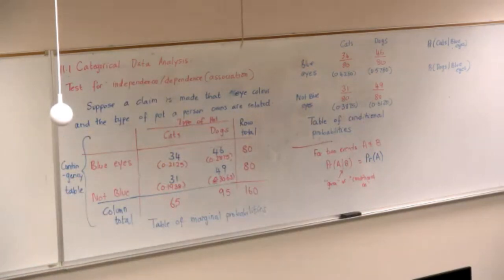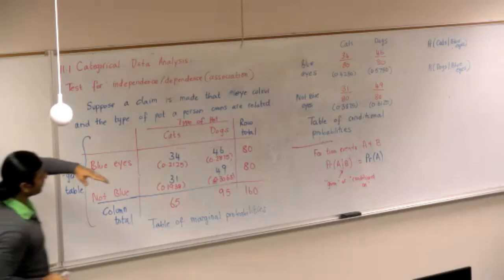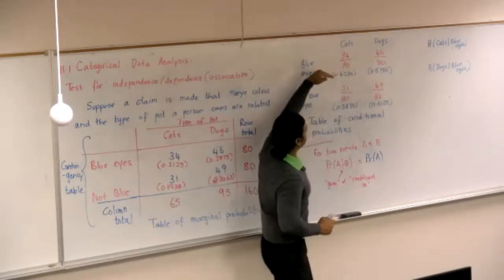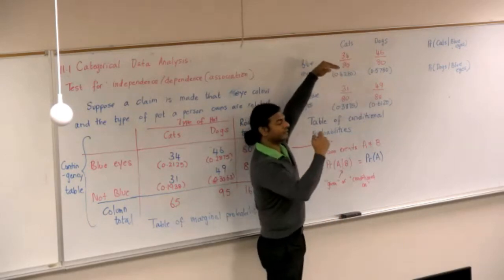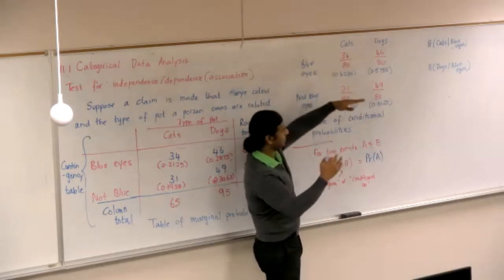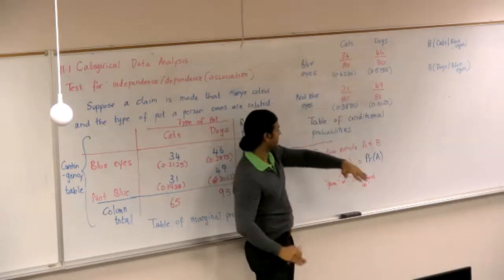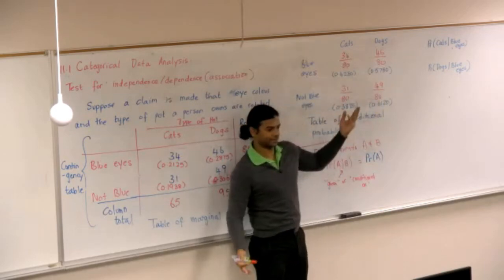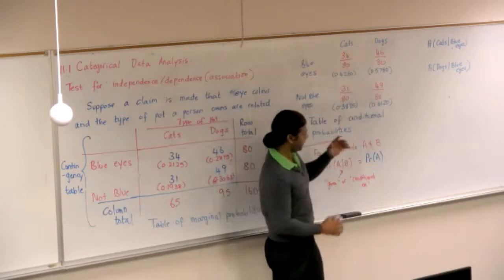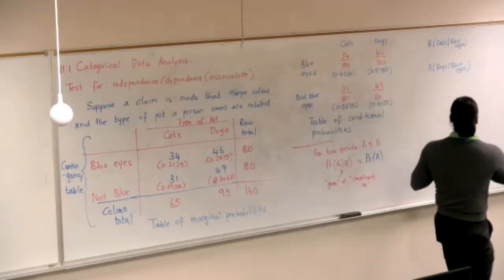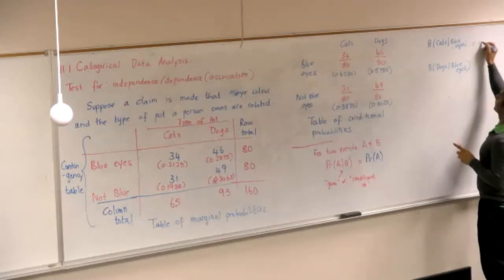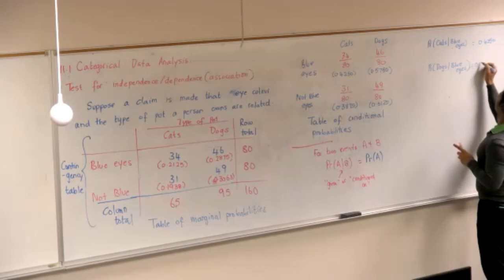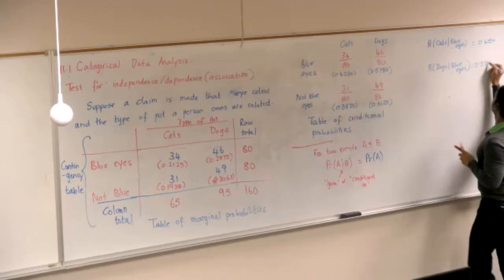In other words, we are conditioning on blue eyes, right? The probability that someone owns cats, conditioned on the fact that they have blue eyes. And that's exactly what I have as a table here. Do you agree? Those are the values we found. So I will have 0.4250, 0.5750.